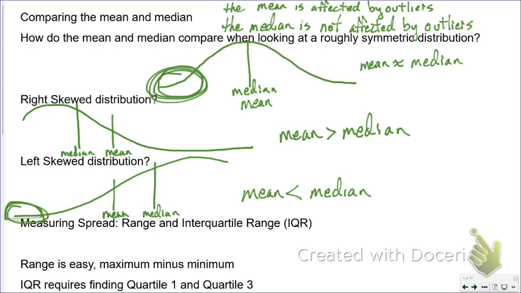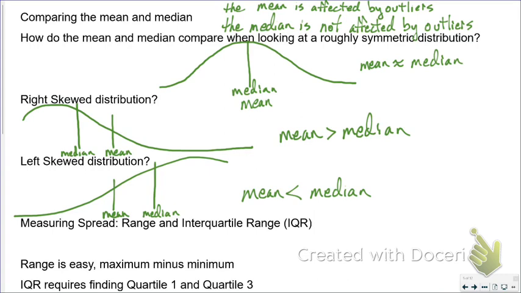So it's not necessarily saying it will not change the median, but whether a large number is an outlier or not does have an effect on the mean, but no effect on the median.